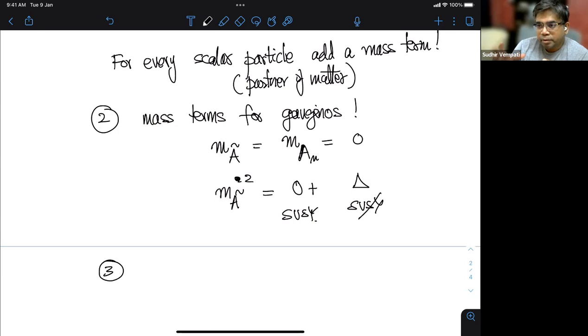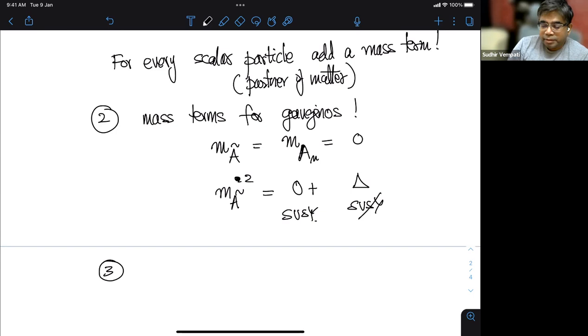So these loop corrections cannot be so large. Compared to the tree level contribution to any particle, in particular to the Higgs mass, as we'll see, the loop corrections should not be very large. At maximum, they should be comparable.